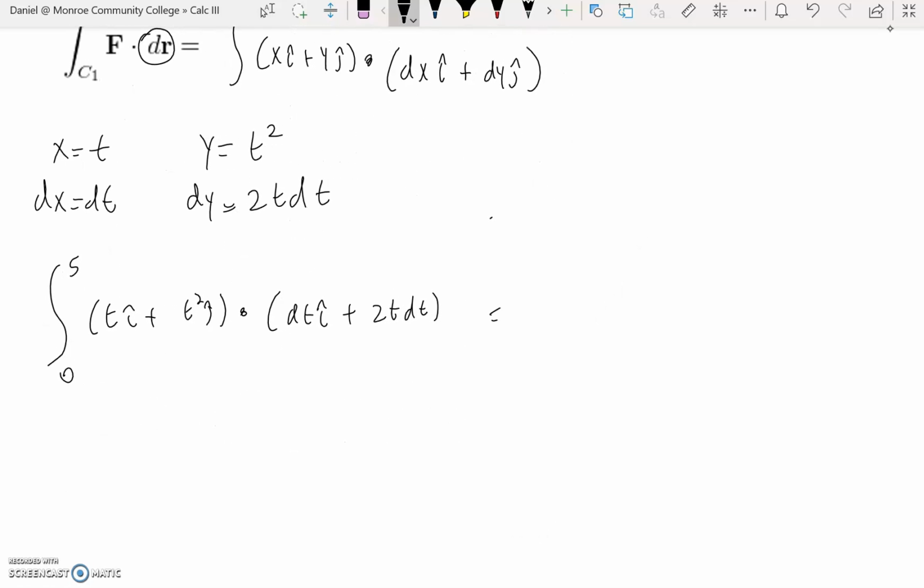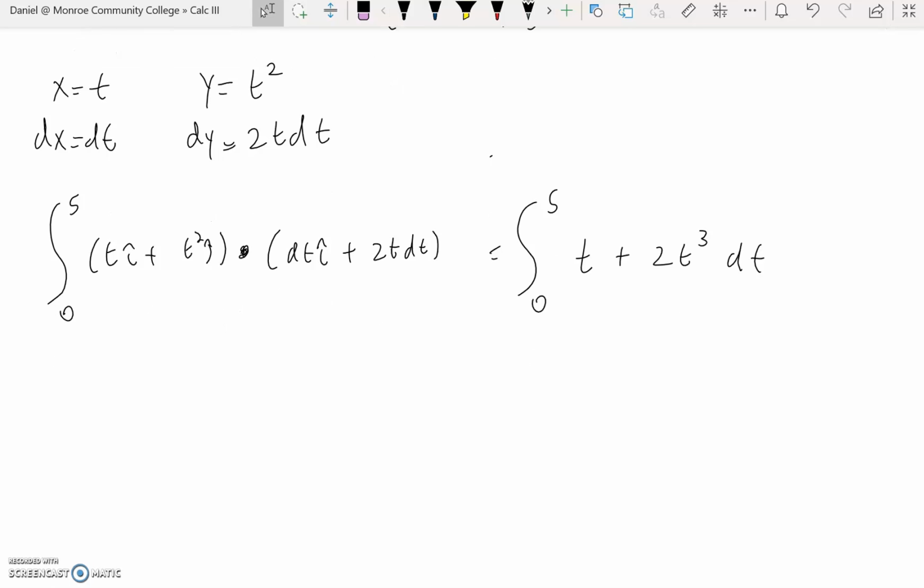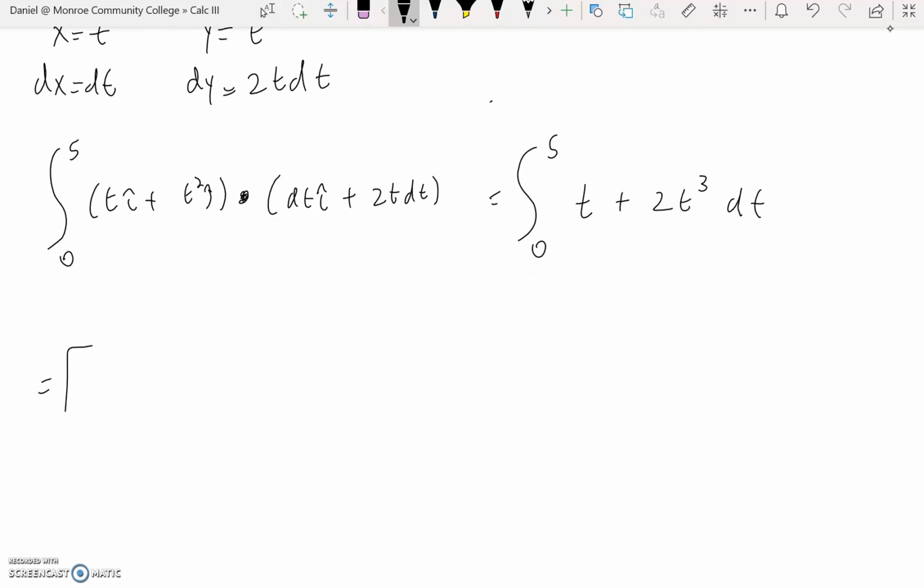So then we do that out. Now we do the dot product, and we get t, plus, because it's just 1 times t, 2t times t squared, so we get 2t to the third, and that's all dt. That's a pretty easy integral to solve.